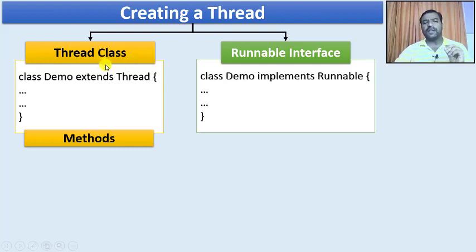The first way is to make use of a class, the Thread class, or you can make use of an interface. At this point you should know what an interface is: it contains a set of methods that are bodiless, and those methods should be implemented or defined in the class which implements it.